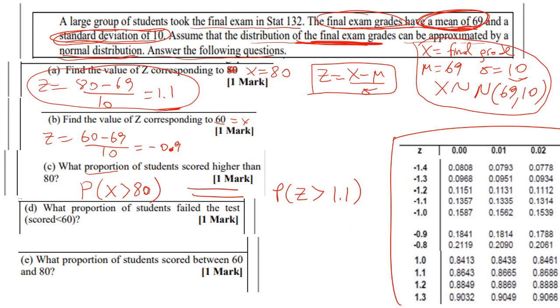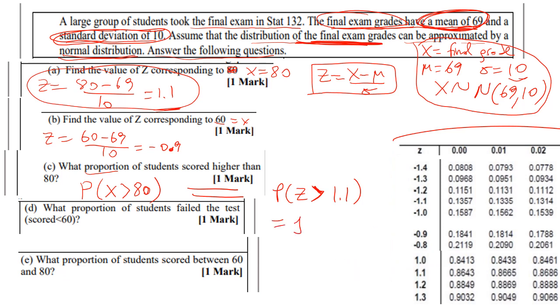Now, z bigger than 1.1. The important thing is z is bigger than 1.1, so you cannot directly use the table here. The table always gives values of z less than a number. The table always answers this, but we don't have this bigger than. So in this case, we look at the complement.